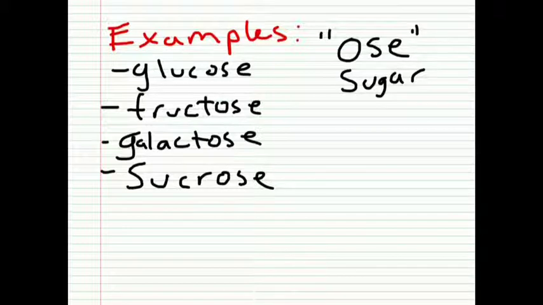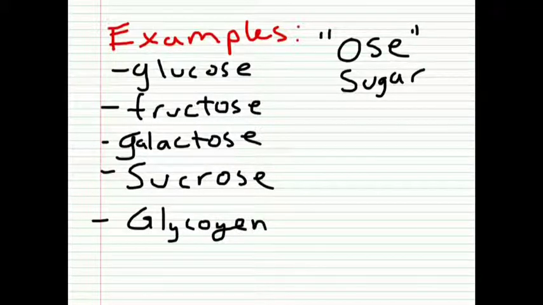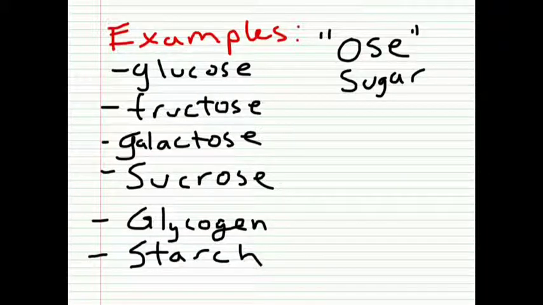And there's more. There's maltose and mannose. But just because a word ends in OSE, that is not the only requirement to be a carbohydrate. We also have glycogen, and another very common one I'm sure you've heard of is starch.